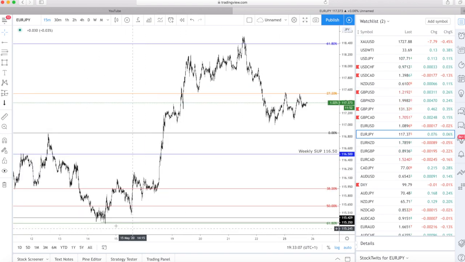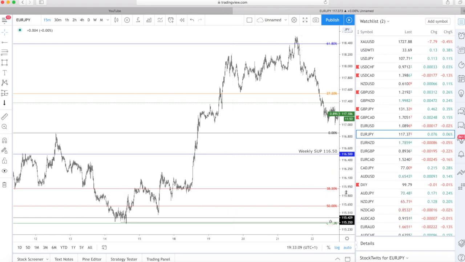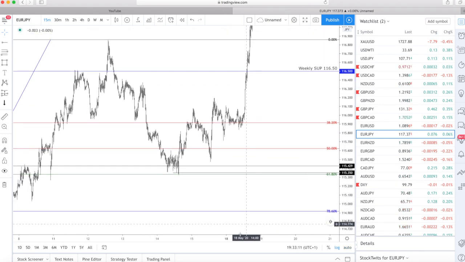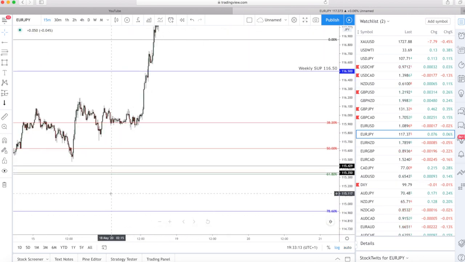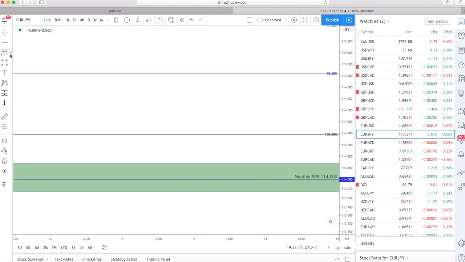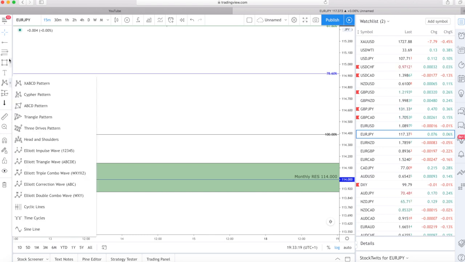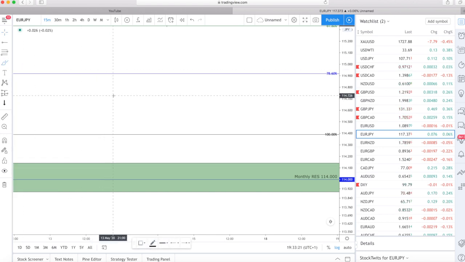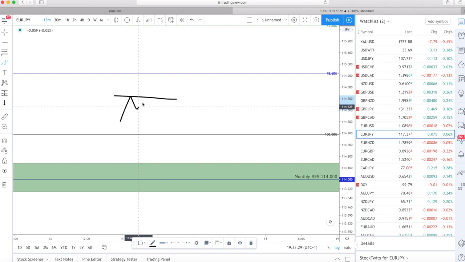So what normally happens, guys, is we normally take out the low before reversing. You see too many people, let's just draw this a second. Say this is resistance, price comes up to it once and they sell straight away, but 9 times out of 10 price will come back up to this area, and the majority of the time it will take out this high before then reversing, but it normally happens in 3.